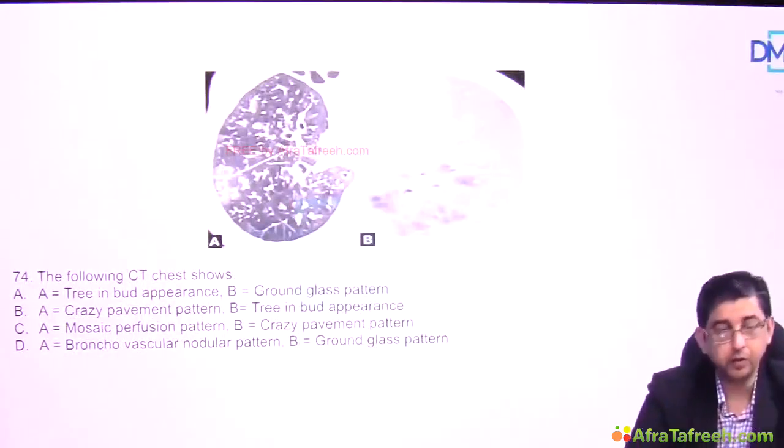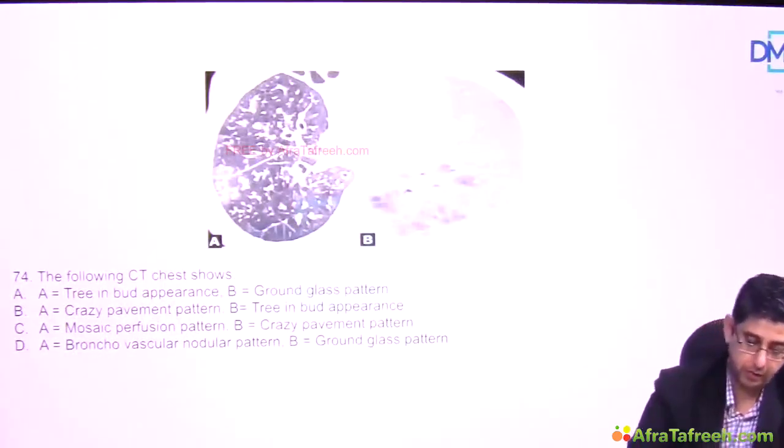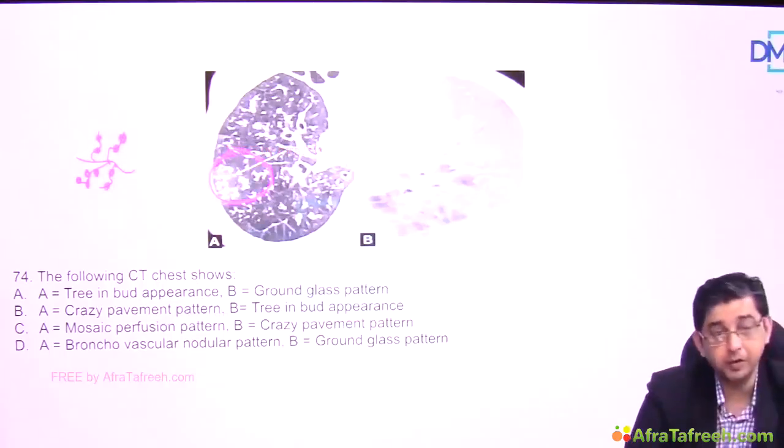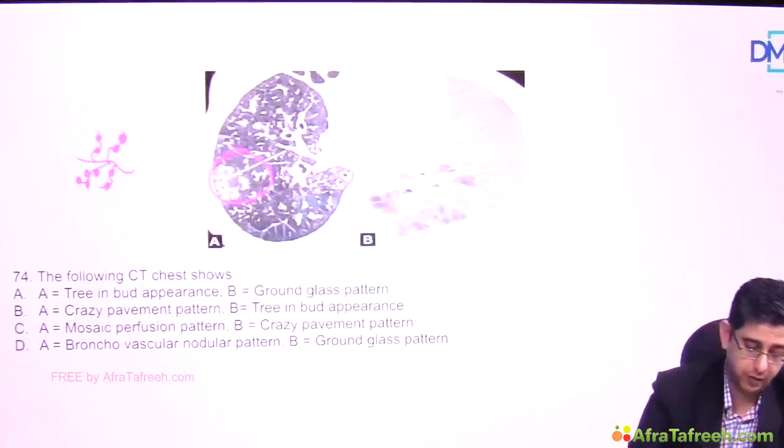This is a feature in endobronchial tuberculosis, tree in bud appearance, this area. This is like the tracheobronchial tree. And then we have this tree in bud appearance. So tree in bud appearance is a characteristic feature that is seen with endobronchial tuberculosis.